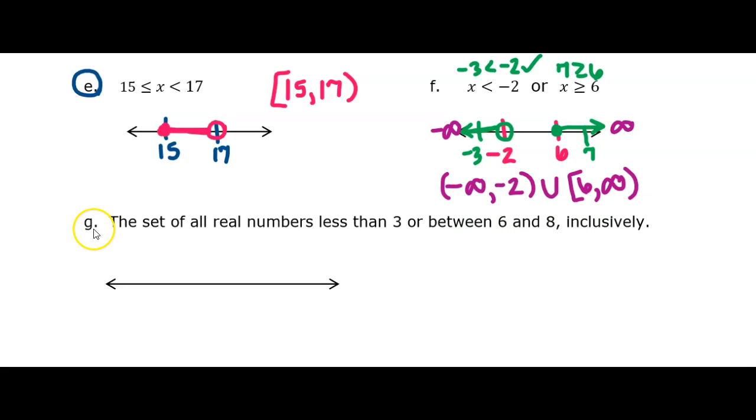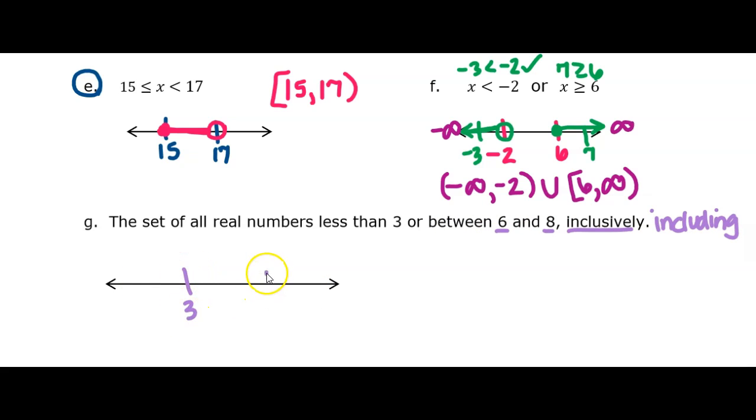The last example, G, the set of all real numbers less than 3 or between 6 and 8 inclusively. So what does this word inclusively mean? Inclusive means including, which means that 6 and 8 are going to be included in our interval. So let's kind of put the numbers that we have.